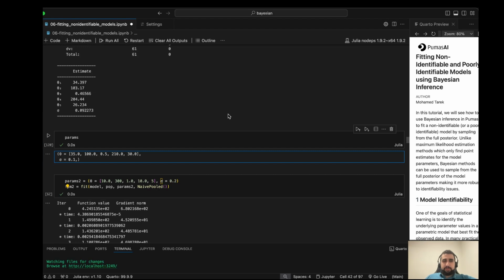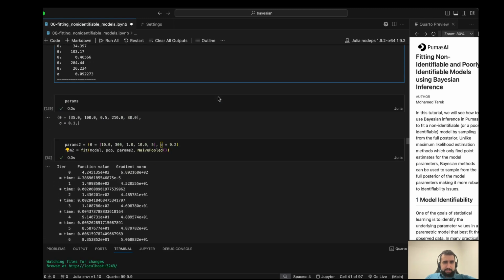But in general, they are quite local algorithms in the sense that they just try to find the nearest local optima. That's an oversimplification, but that's the general spirit of these algorithms. And so you see here that these optimal parameters were somewhat close to the initial parameters that we used.